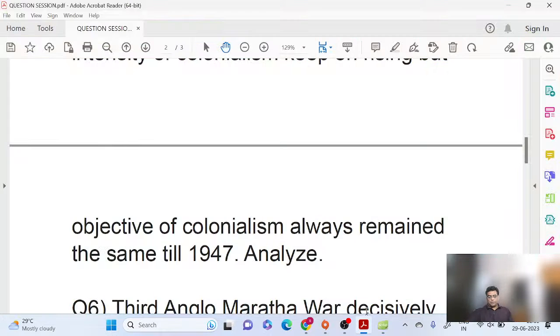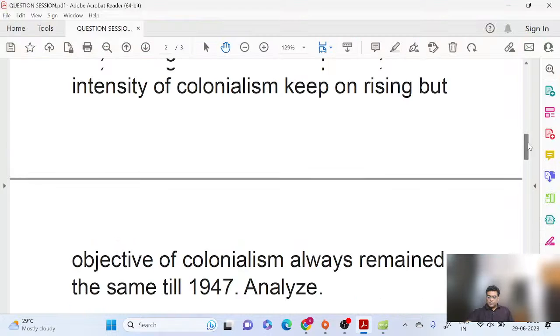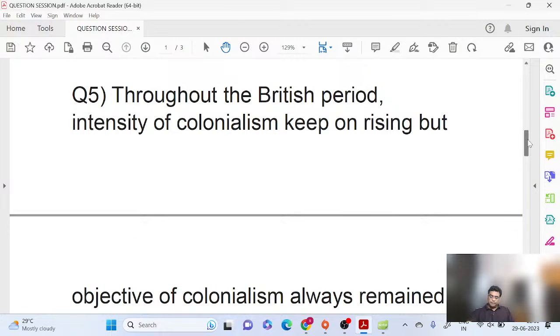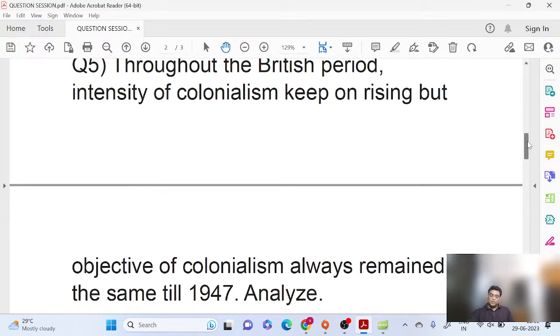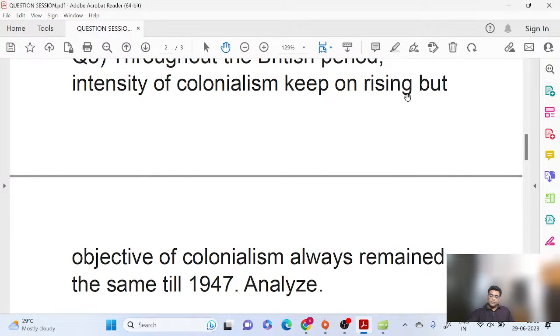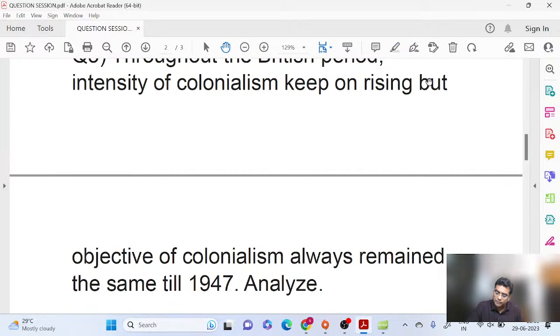Look at the question. Throughout the British period, the intensity of colonialism kept on rising, but the objective of colonialism always remained the same till 1947. So what is the objective and meaning of colonialism?